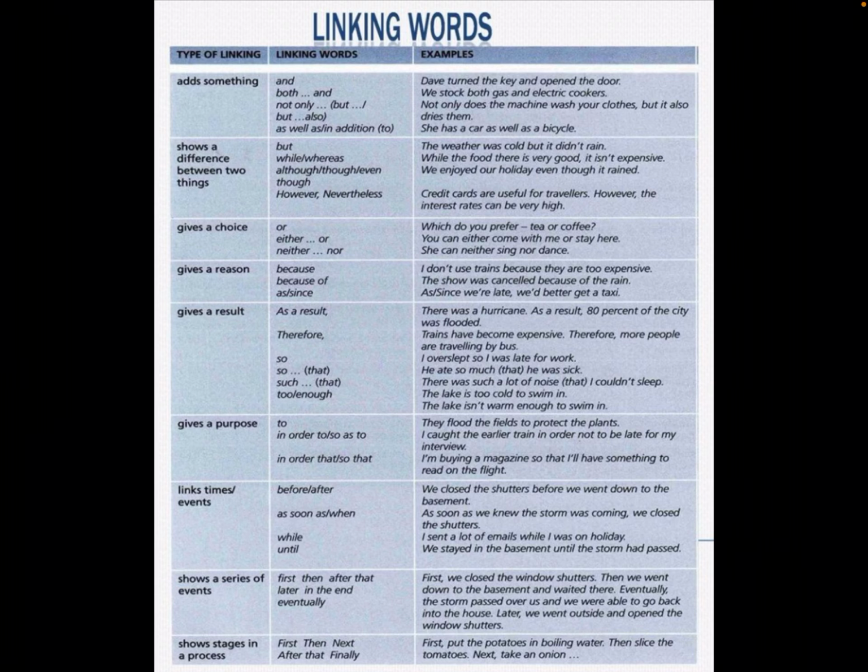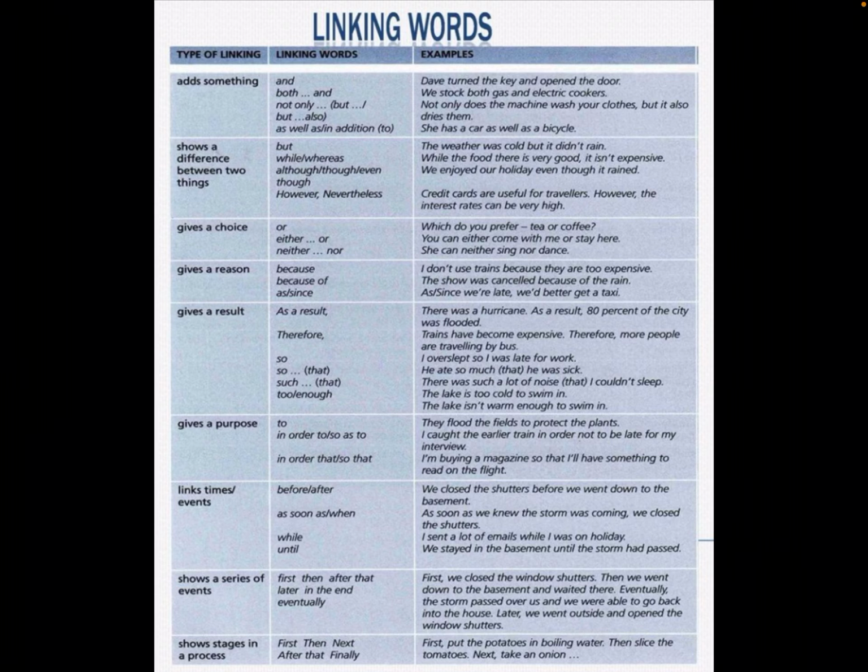And then later that day, we went outside and opened the window shutters. So here we talked about a series of events during this storm. We said first, then, eventually, and later. So all these linking words are about a series of events.